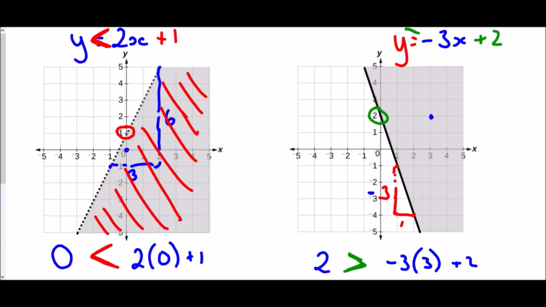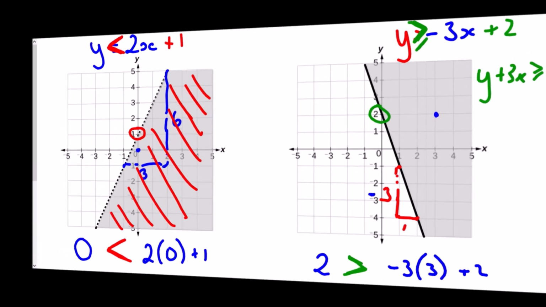And so that is the same up here. And then it is a solid line, therefore we should have an equals to sign in there. Now again, you may rearrange this if you want to get rid of the negative in the x's, so it'll be y plus 3x is greater than or equal to 2. That is exactly the same expression.